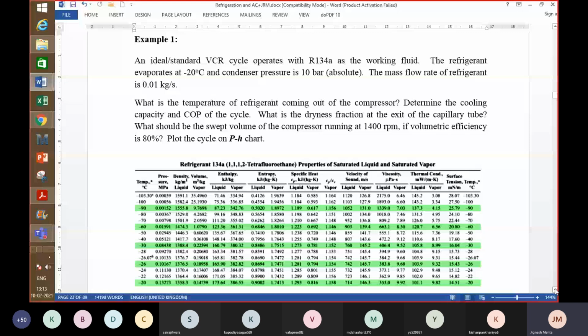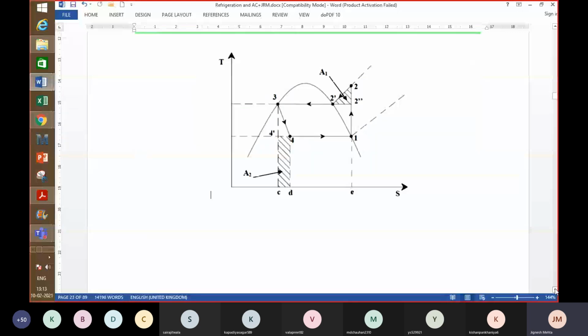So you know about the cycle, how it looks on the T-S diagram. The exit from the evaporator, or entry to the compressor, is dry saturated vapor. And what do you know about state 1? What you know about state 1 is that it is dry saturated, meaning dryness fraction X is equal to 1, or the refrigerant is in the state of dry saturated vapor.